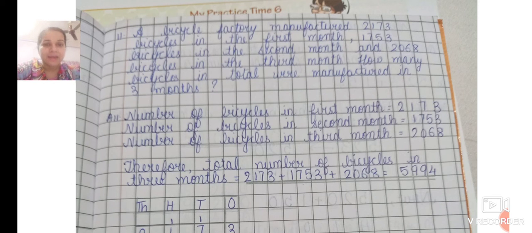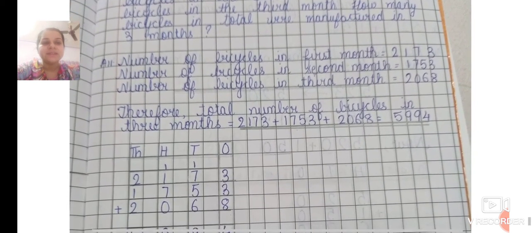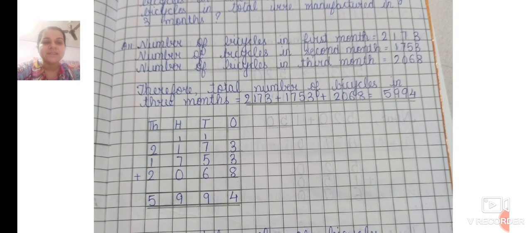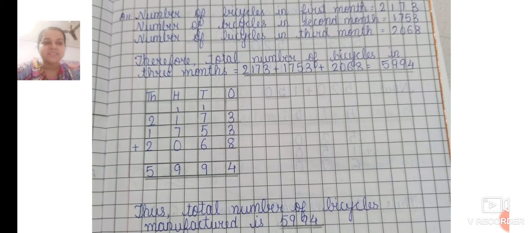So what will you do? You will add. You have to write in the same way as I have written. You will write answer 11. Number of bicycles in first month is 2,173. Number of bicycles in second month, 1,753. Number of bicycles in third month, 2,068. Therefore, total number of bicycles in 3 months is how much?